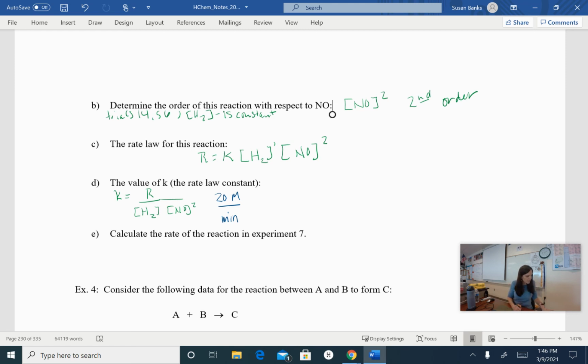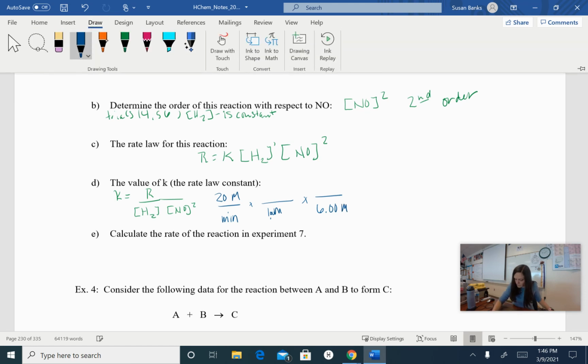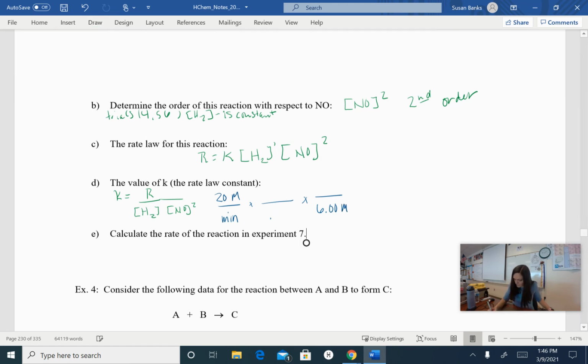My concentration for hydrogen is 1.00 molar if I want to get my sig figs here, and my concentration for nitrogen monoxide is 6.00 molar.